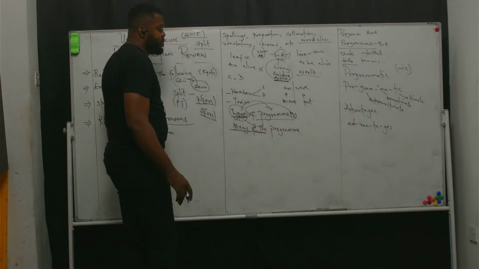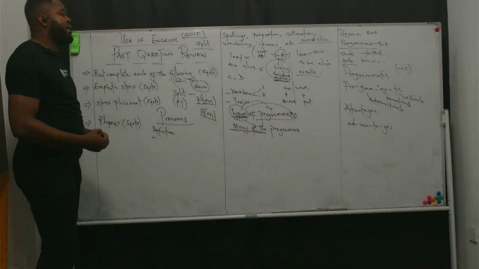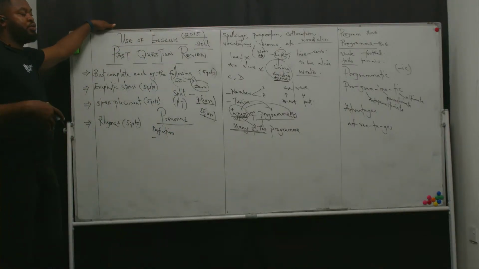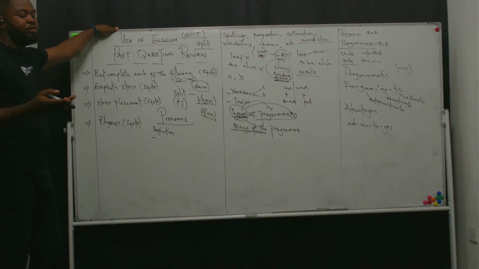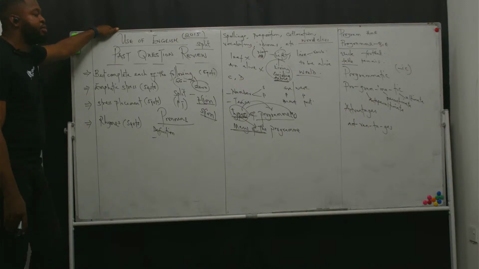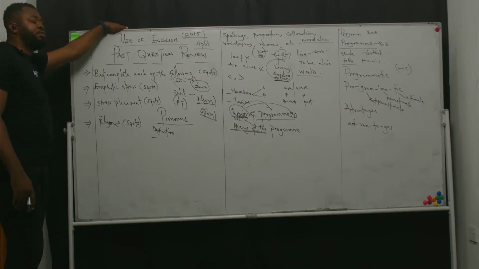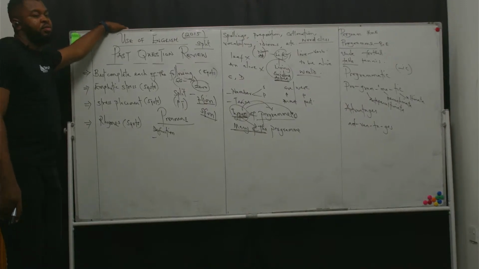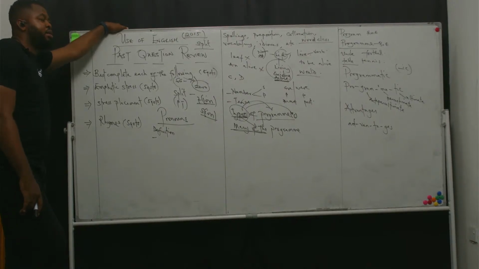That's a polysyllabic word. Advantages. So you could use, like I said, pronunciation can go. Rules can also go too. Word class can go. Advantages.